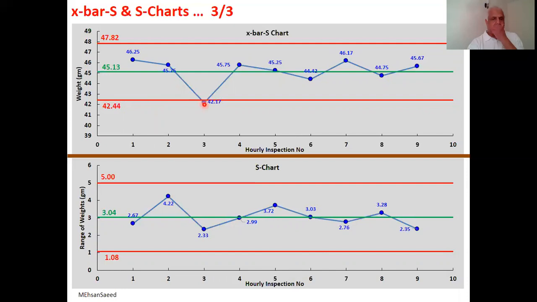But then this was a very weak sample where the sample mean dipped below the lower control limit. So the process went out of control.